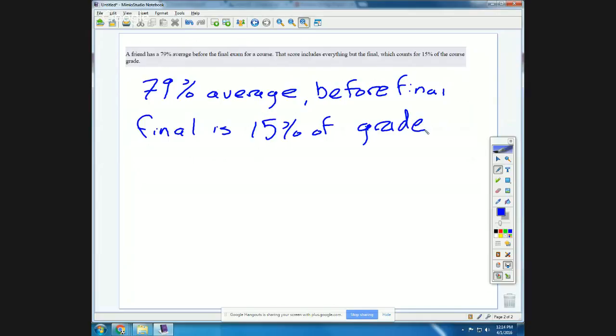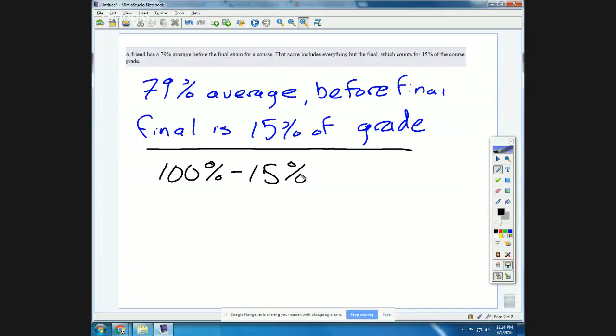Okay, so a couple things to think of. Remember when we're working with percentages, sometimes it benefits us to think out of 100%. So as far as the final is concerned, since the person hasn't taken the final yet, that means 100% minus 15% is what's available so far. So what does that give me, 85%? So that's what's gone on so far, okay?